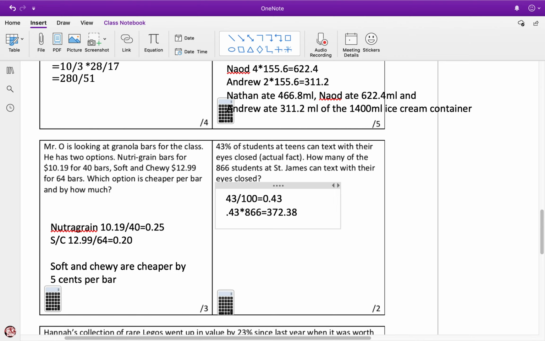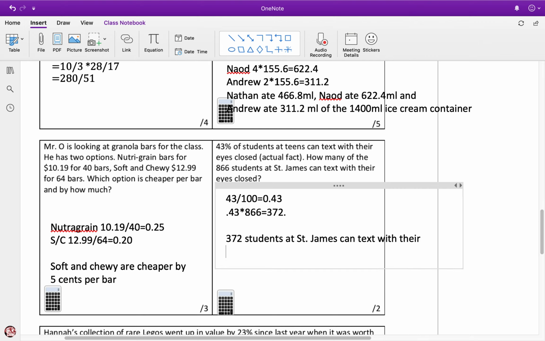And so there's our number of kids. So therefore, 372 students at St. James can text with their eyes closed.